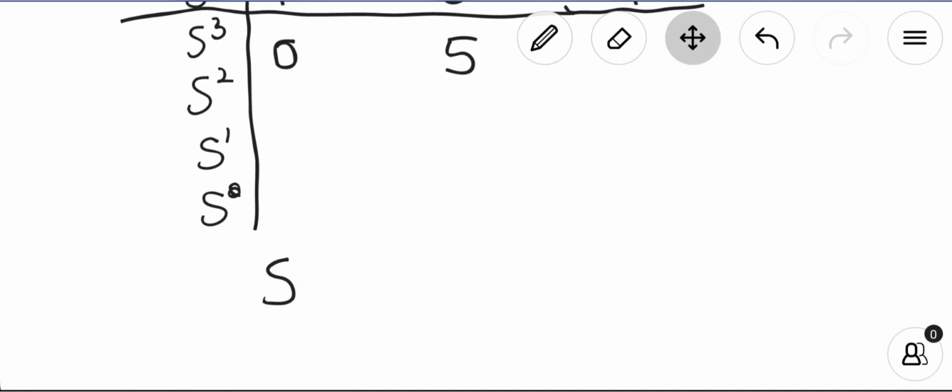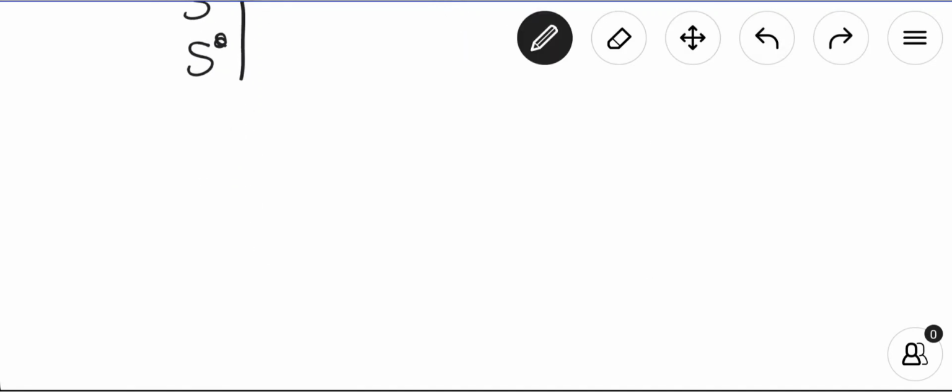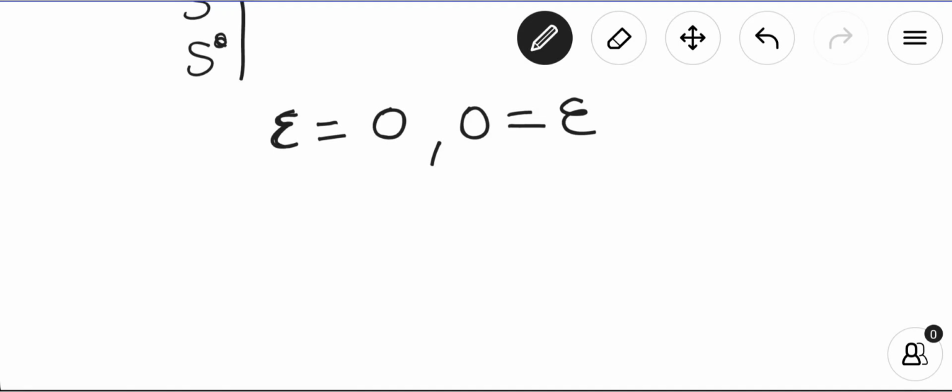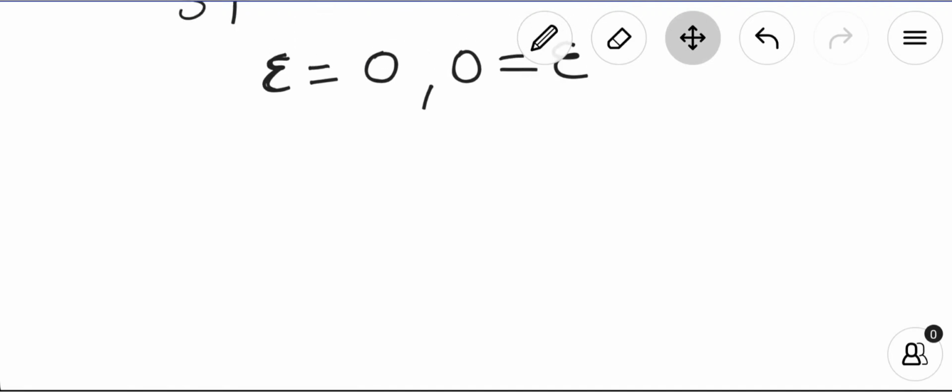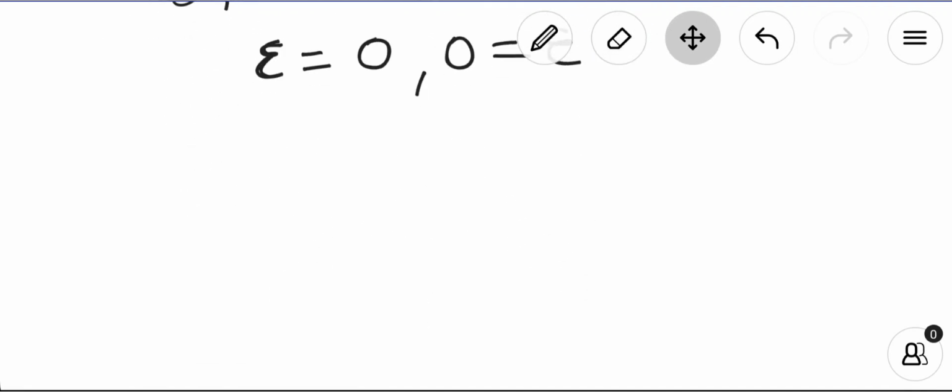So we can continue. In order to complete this, we are going to make epsilon equal to 0, or 0 equal to epsilon, anyone, in order to complete the table using the epsilon method, since only the first column has 0.